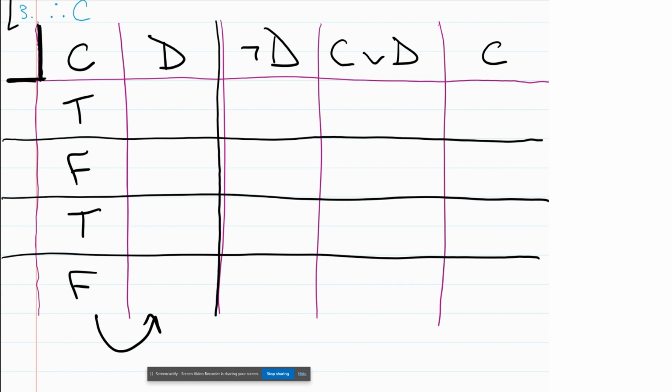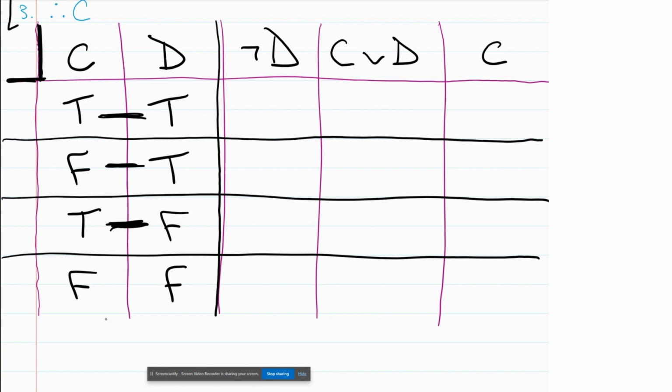So in D, our column is going to be true, true, false, false. And notice that gives us all possible combinations of truth values. We have the row where both C and D are true, the row where C is false and D is true, the row where C is true and D is false, and the row where they're both false. So those are all our possible combinations of 2 atomic sentences.